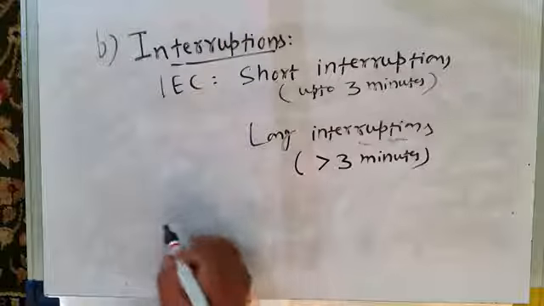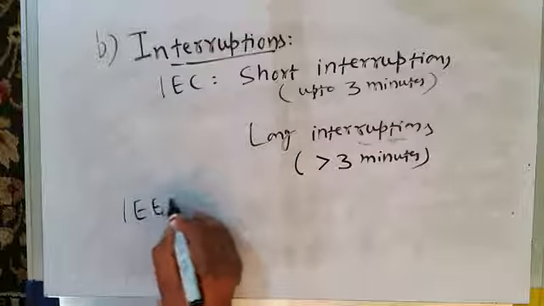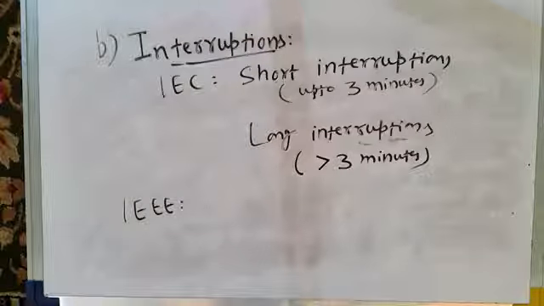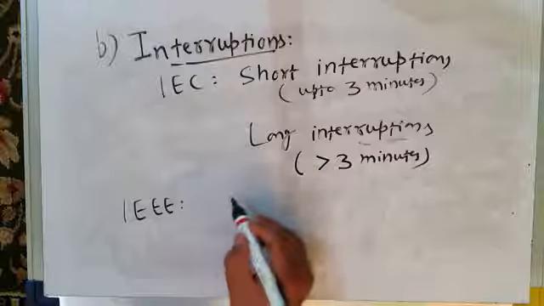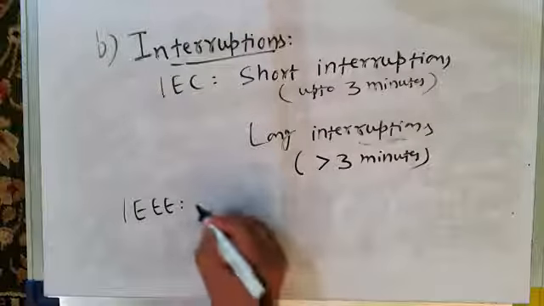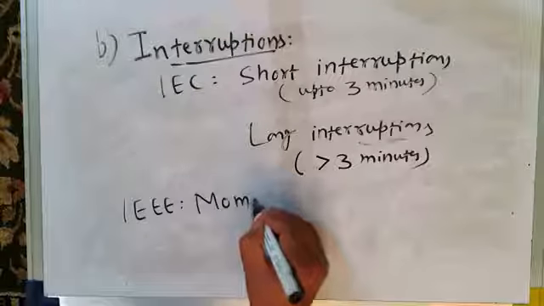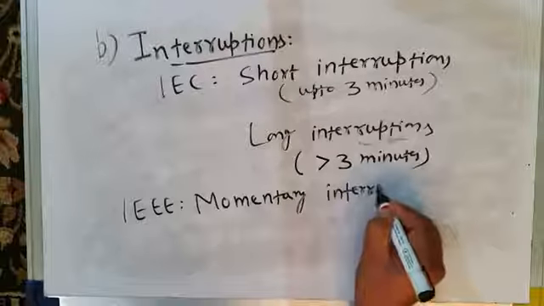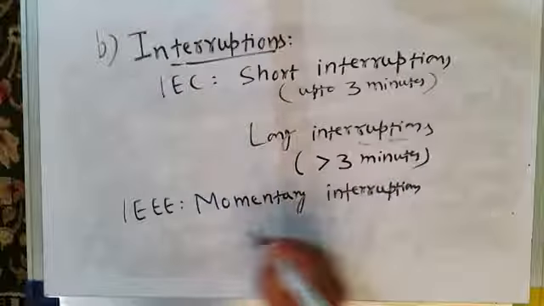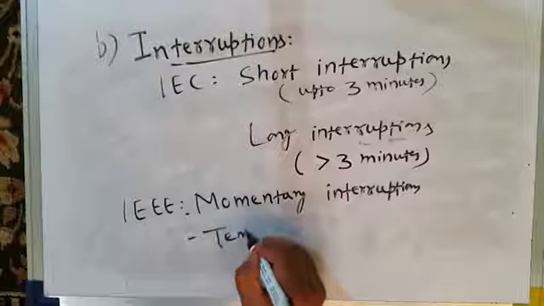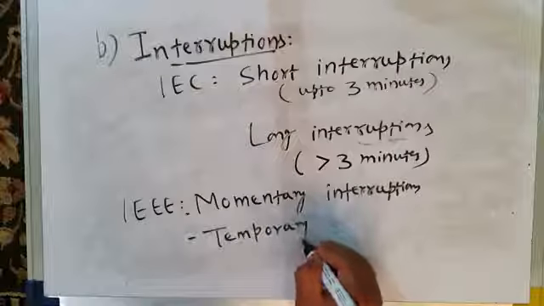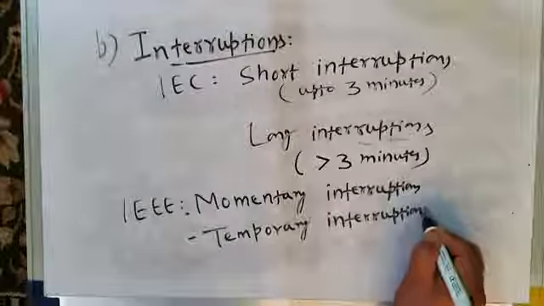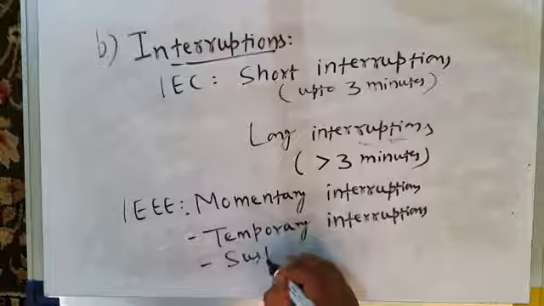But IEEE, the Institute of Electrical and Electronics Engineers, classifies interruptions as momentary interruptions, temporary interruptions, and sustained interruptions.